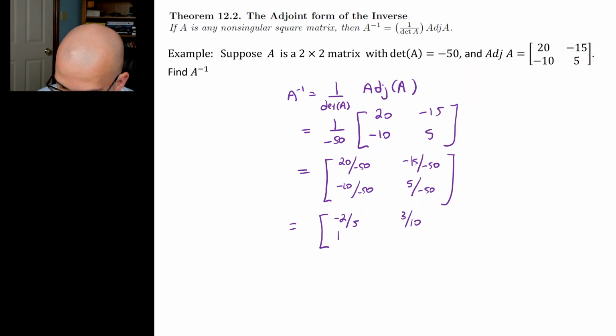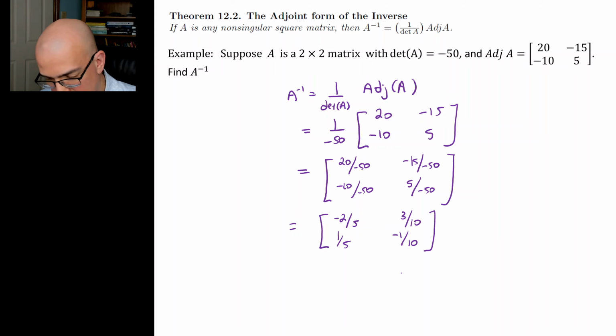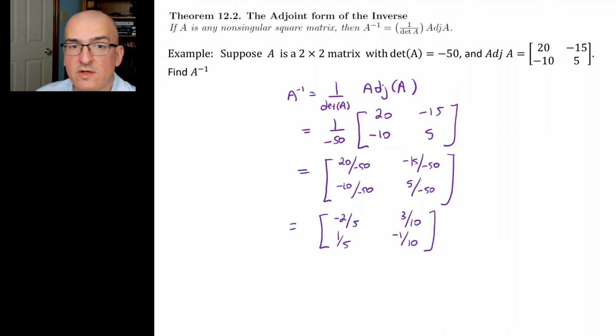Next one, positive 1 over 5, the negatives cancel, we cancel the 10s, and then cancel the 5s in the last one, minus 1 over 10. So we didn't need to do a lot of work. We were given the adjoint, we were given the determinant, we just had to combine them using the formula to find the inverse.